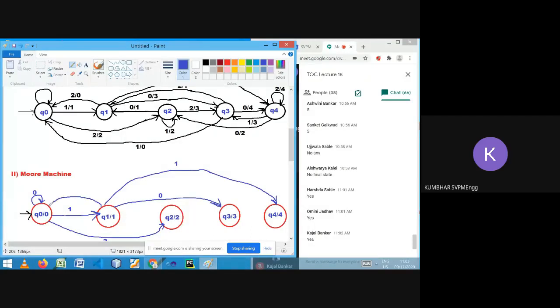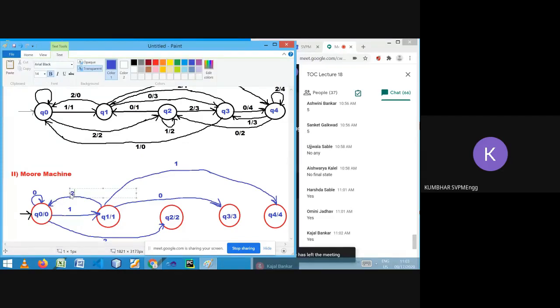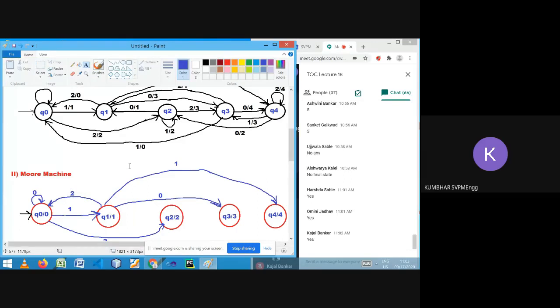So it will go to Q0. So I have just copied it. These states, three directions. Is it clear to you all? Transitions will be same.